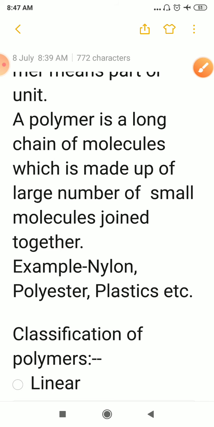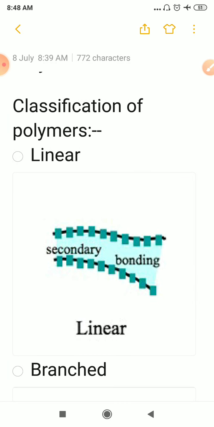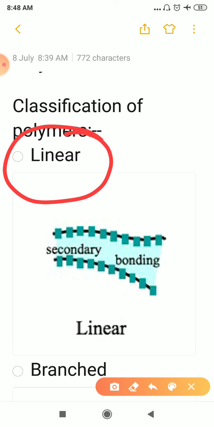Now, according to how these chains are joined together, the polymers can be classified. The polymers can be classified into linear polymer. See here.